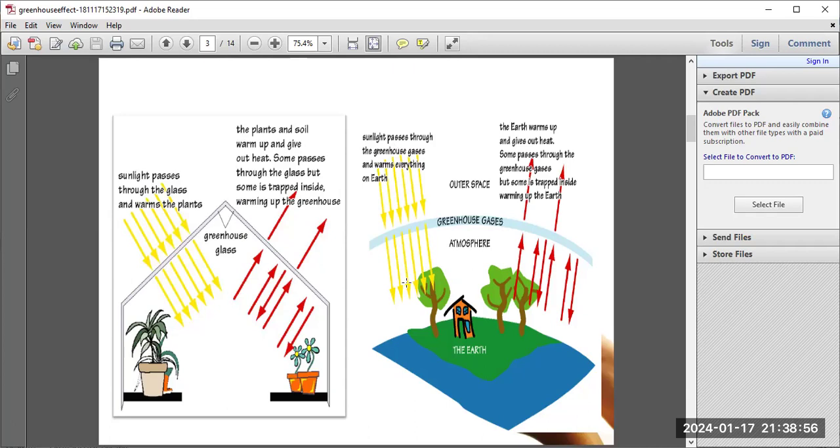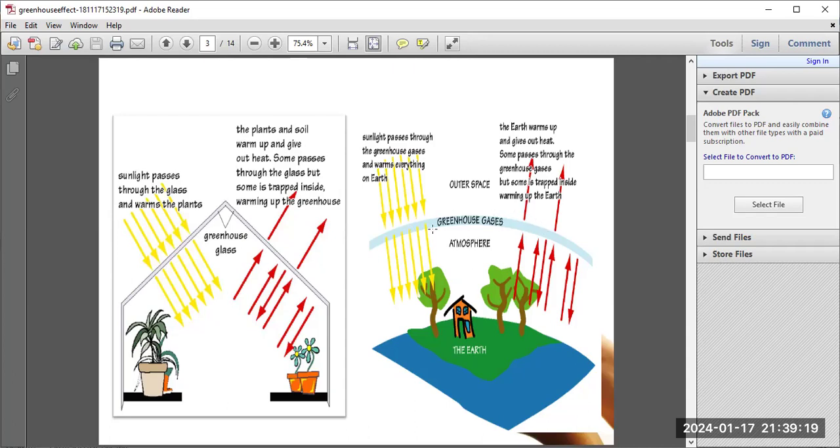The direct heating from the sun comes towards the Earth's surface, and the extra heat gets reflected and travels back into space.